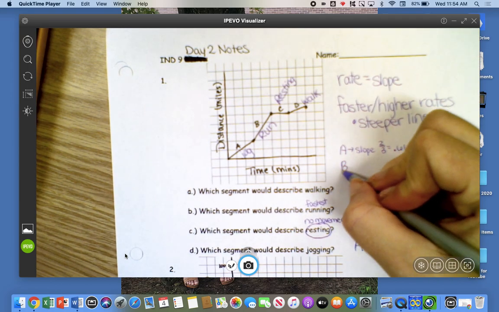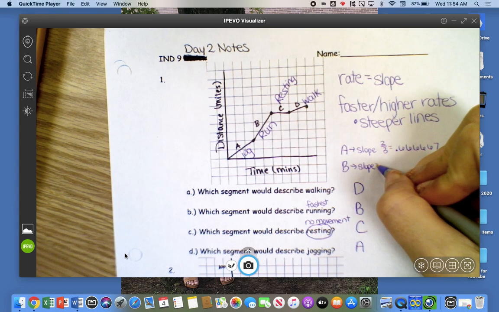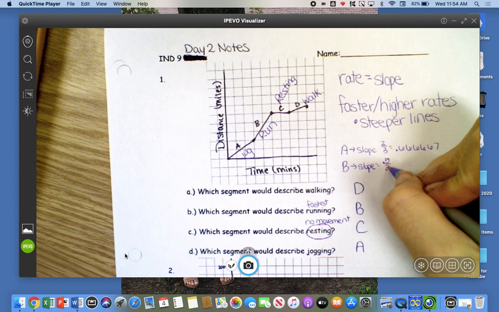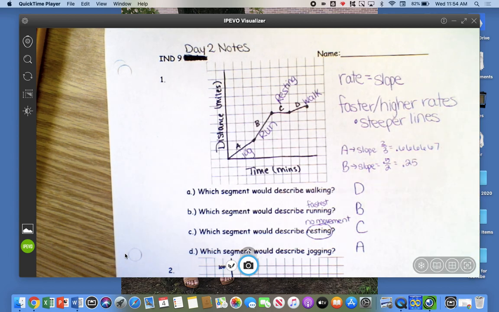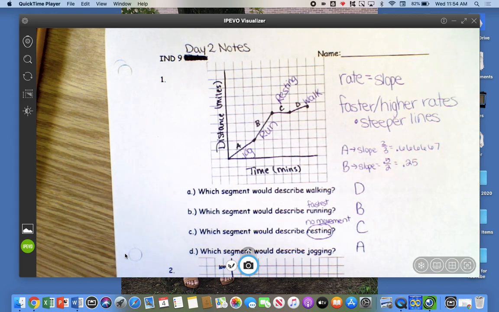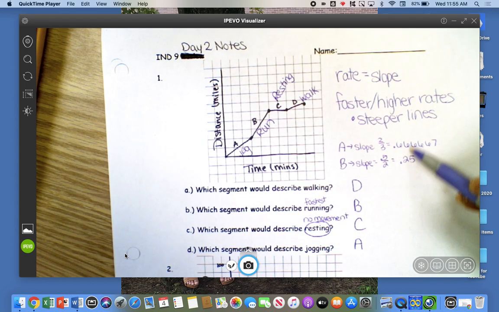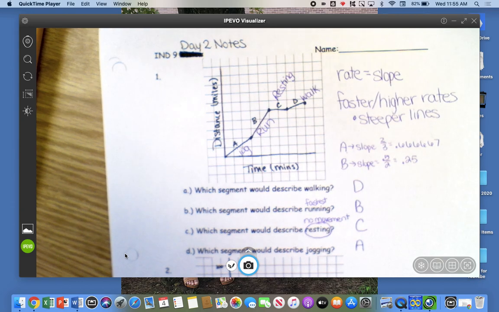So for segment D, the slope is 1/2 over 2, which is 0.25. So if you see that, 1/2 over 2, half of a half is a fourth, or 0.25. So whenever you look at it numbers-wise, we can definitely see that slope A is steeper than slope D.